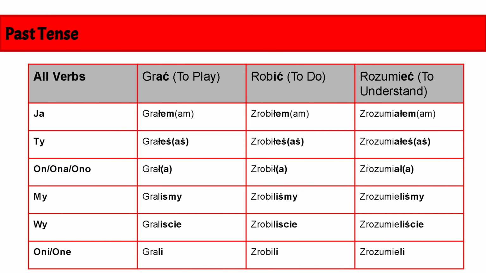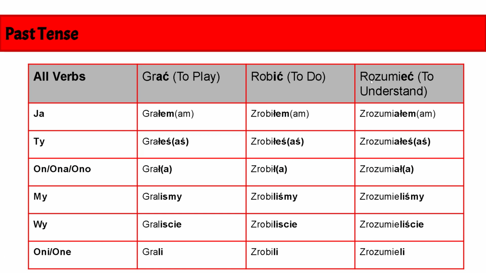But for ę verbs in Polish, you're not only taking away that ć, but you're replacing the e with an a, for ja, ty, on, ona, ono. So instead of zrozumiełem or zrozumiełam, it would be zrozumiałem or zrozumiałam, because we're taking that e and replacing it with an a. The e stays the same for my, wy, oni, or one, but again, we have to have that a if we're using these three forms.